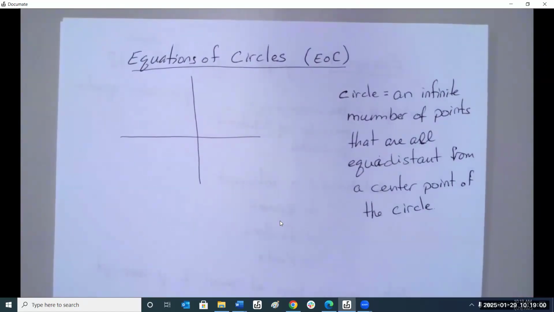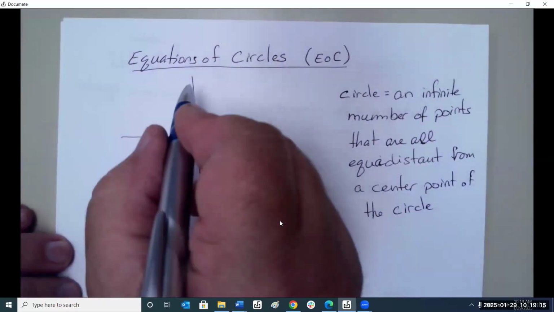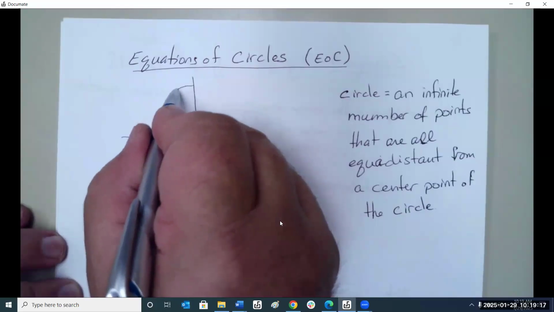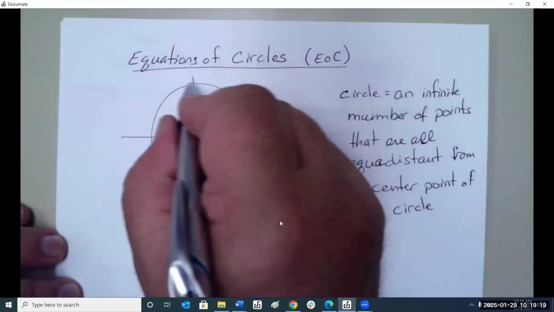Equidistant. So what does that mean? Okay, yes. So let's look at this. We have a circle.